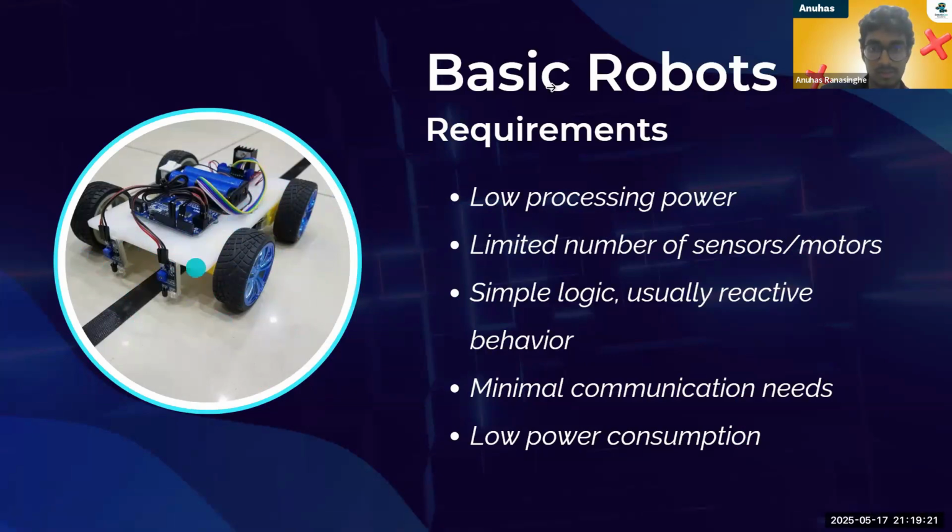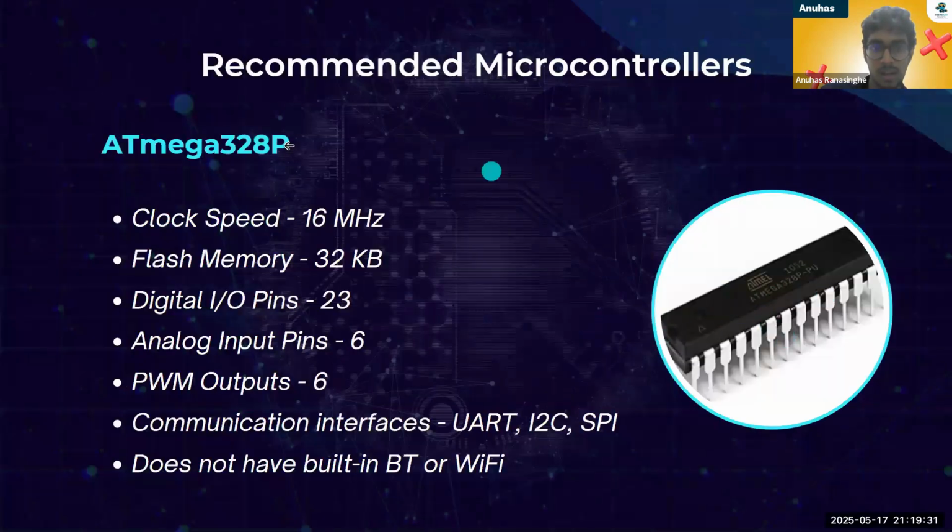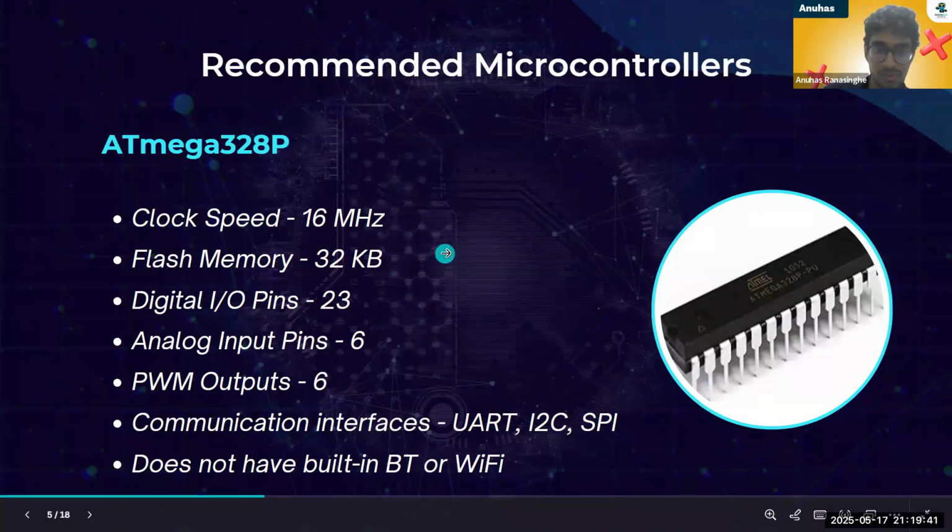For those kinds of robots, there are a few most used microcontrollers and development boards. The first one is the ATmega328P microcontroller. It has a 16 megahertz clock speed, and I'm not going to explain all of those things.